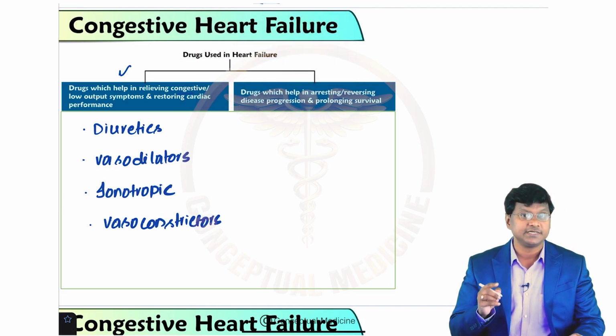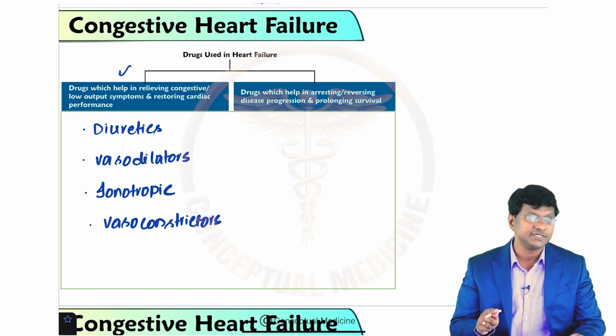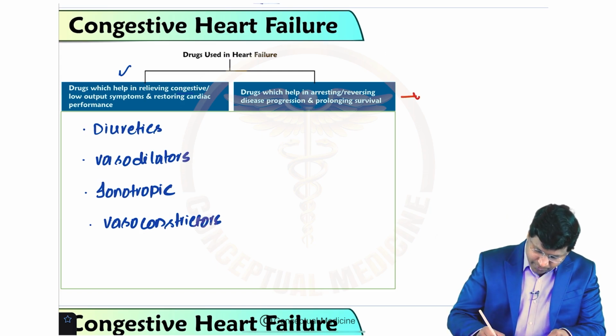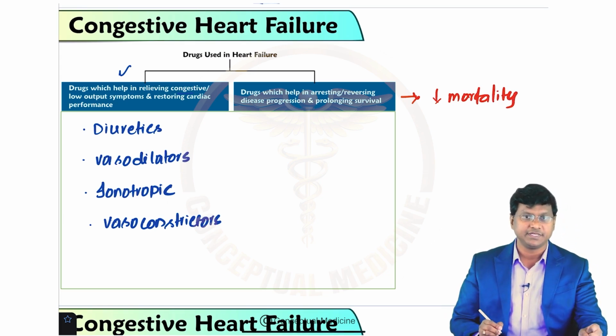And if you see the drugs which help in arresting or reversing the disease progression and prolong the survival, that means these are the group of drugs which will reduce the mortality within the individual.